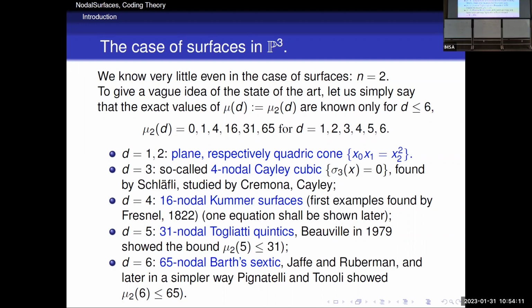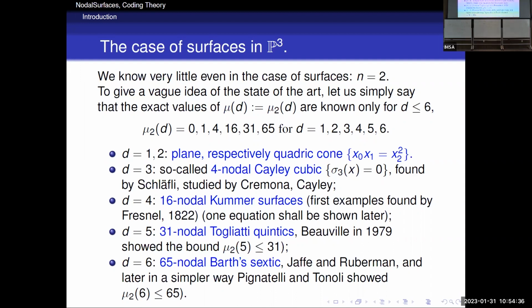And for d equals 3, we know that if it's 4 nodes, it is really the 4-nodal cubic. It was actually found by Schläfli, studied by Cremona, who gave the planar representation.